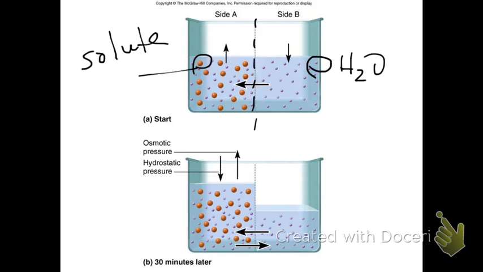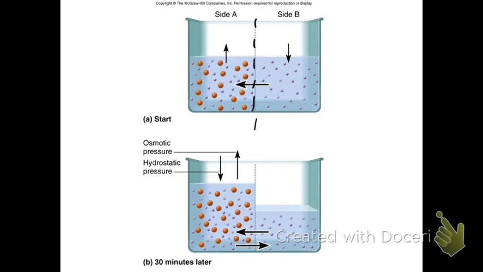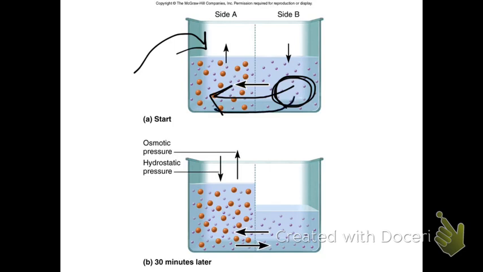So, if at time 0, you put a lot of solute over here on the A side, and on the B side you put nothing, what's going to happen? Well, water from the B side is going to be drawn over to where the solutes are. Like I just said, solutes are going to suck water from the right side over to the left side.